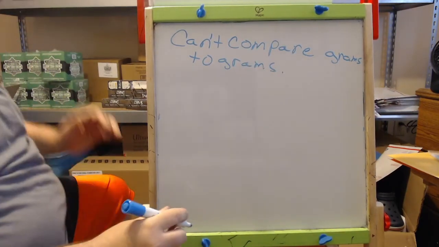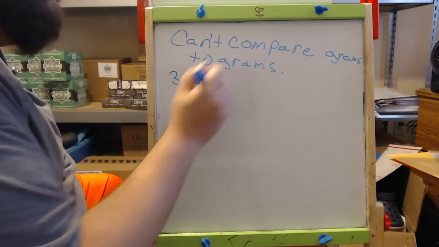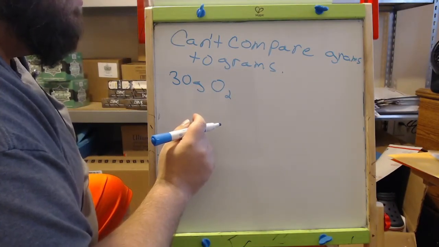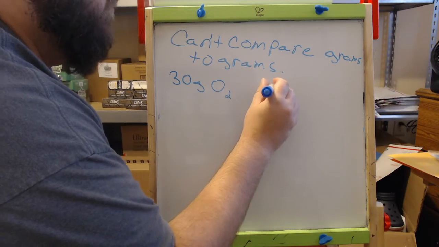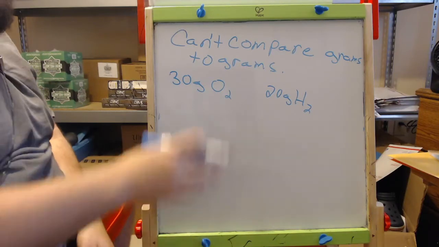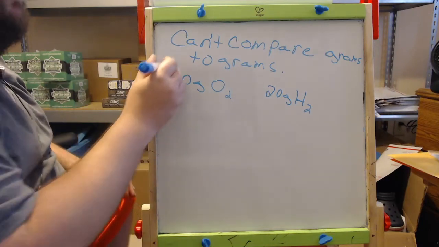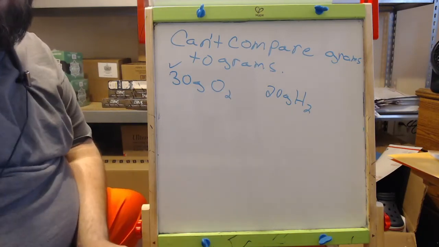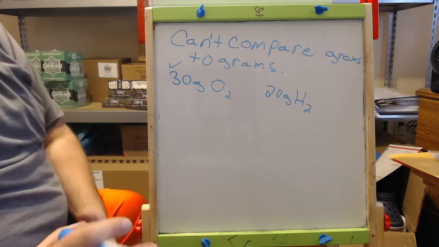I can't look at this and say, okay, I have 30 grams of O2, and let's say 20 grams of hydrogen, of H2. And I say to you, which one do I have more of? And you would say, well, you have 30 grams of O2, so you have more of that. The thing is, you can't compare grams to grams because grams are different things, and there is no equivalency factor there.